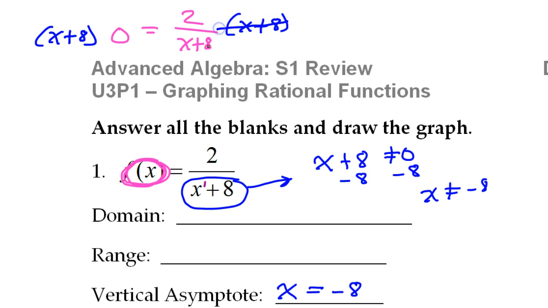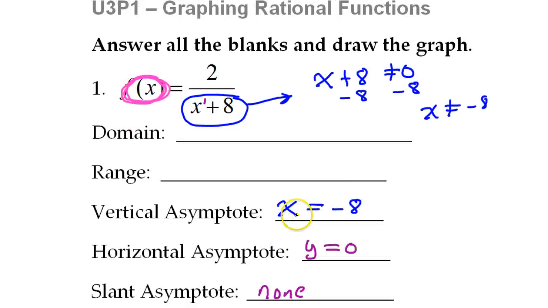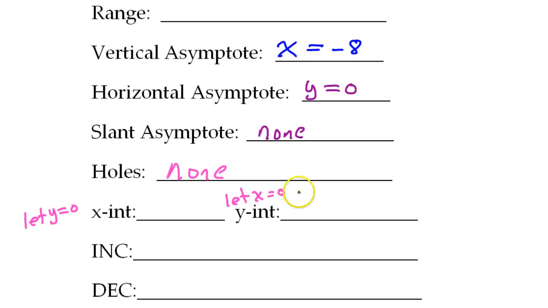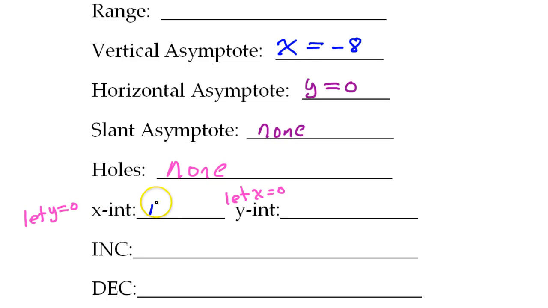Alright, but if I do that, the x plus 8 cancel each other out. 0 times x plus 8 is 0. So this is going to give us 0 equals 2. Well, that's a problem because 0 does not equal 2. Alright, so it's trying to tell you that there is no x-intercept.